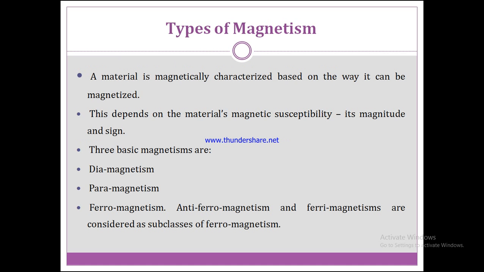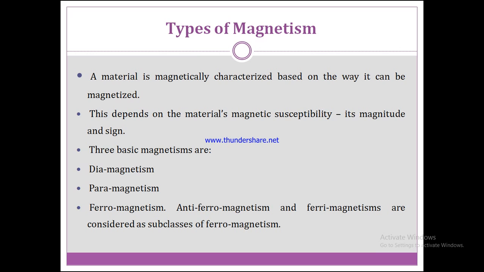Now over here, the types of magnetism. A material is magnetically characterized based on the way it can be magnetized. This depends on the material's magnetic susceptibility, that is its magnitude and its sign. According to its magnitude and its sign, there are three basic magnetisms generally used for classification.